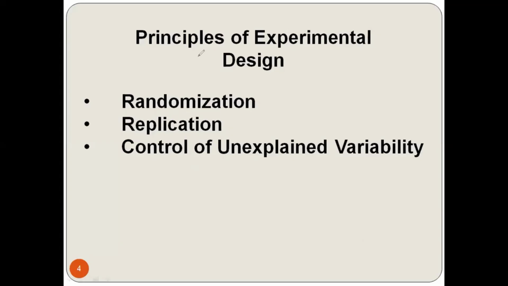So randomization, replication, and control of unexplained variable, right? So we will look at the control of unexplained variability, because randomization and replication we have done already. We learned already. Yeah. So we will go to that slide.